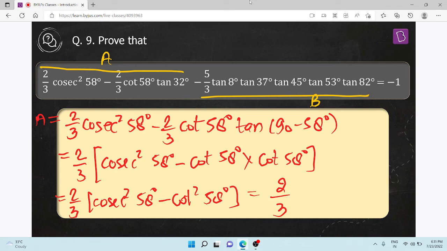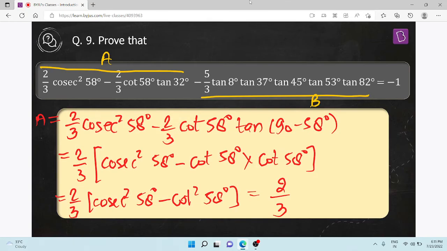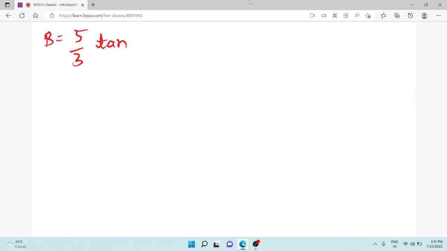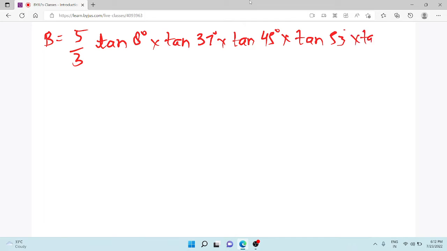Now, students, let's solve the second term, the term b. So term b will be equal to 5 by 3 tan 8 tan 37 tan 45 degrees into tan 53 degrees into tan 82 degrees.